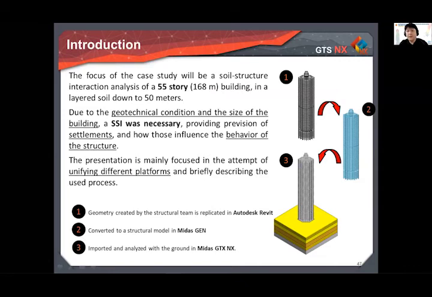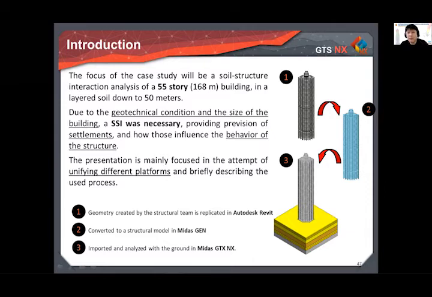The building, which is the focus of the presentation, is 55 stories, about 168 meters tall, designed in a layered soil of low resistance. Because of the size of the building and the soil profile, soil-structure interaction was necessary to evaluate the settlement and the behavior of the structure.